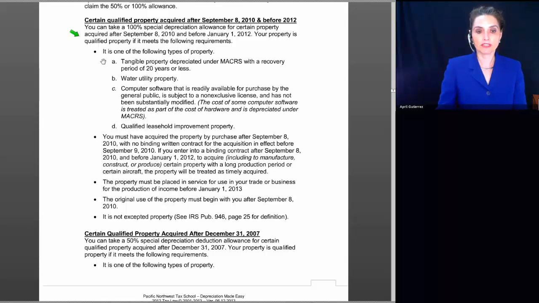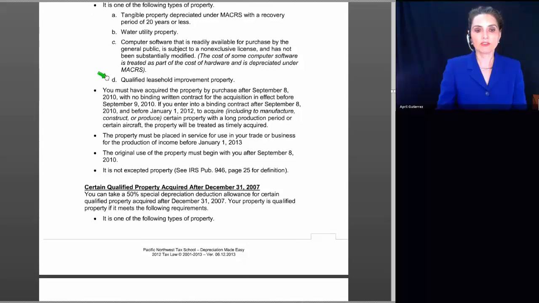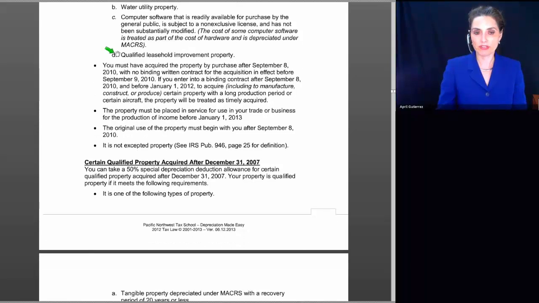It is one of the following types again. Tangible property, depreciated under MACRS with a recovery period of 20 years or less. Water utility property. Computer software that is available for purchase by the general public. That's just off-the-shelf software. And qualified leasehold improvement property as well.